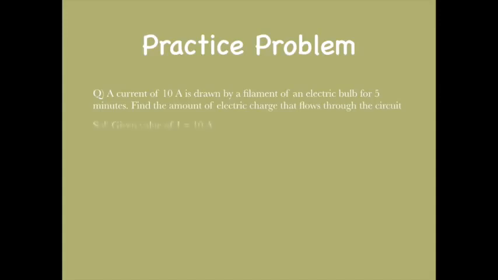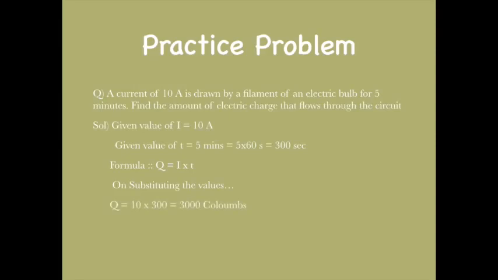From the given question, I have the value of I to be 10 amperes, but the value of T is given in minutes, so I have to convert it into seconds. So 5 minutes is equivalent to 300 seconds. By using the given formula and substituting the values, I get Q to be 10 into 300, which is 3000 coulombs.